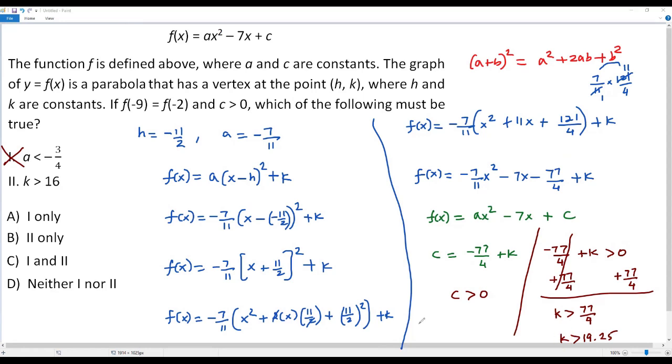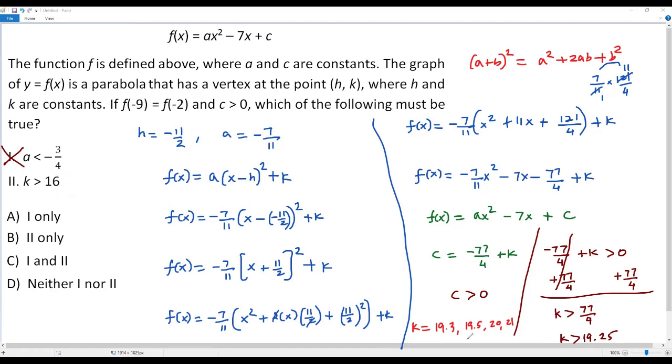Now let me consider some values for k which meet this inequality. Then we can consider 19.3 or 19.5 or some integers like 20, 21. All the values I have taken over here are greater than 19.25, so these values satisfy this inequality. Now let's go to statement 2. Statement 2 says k has to be greater than 16.